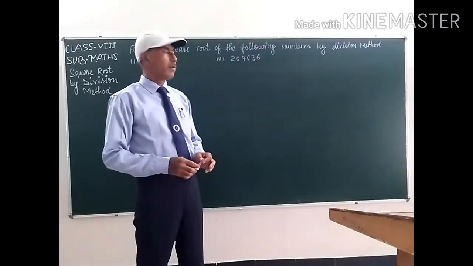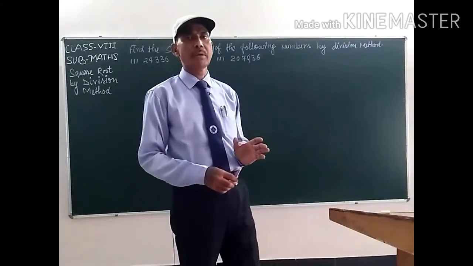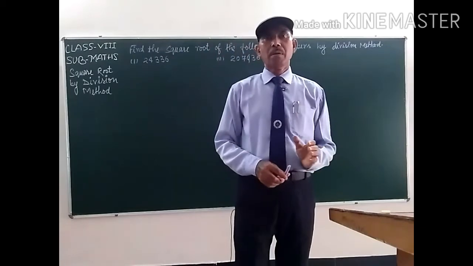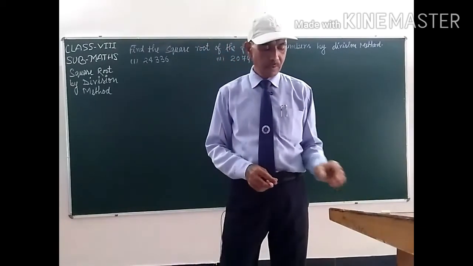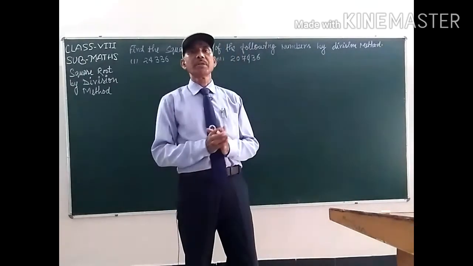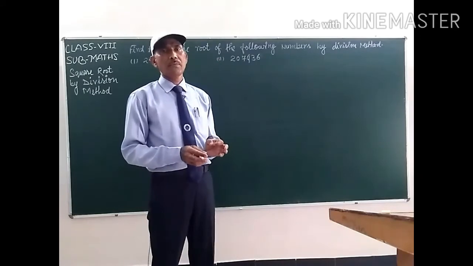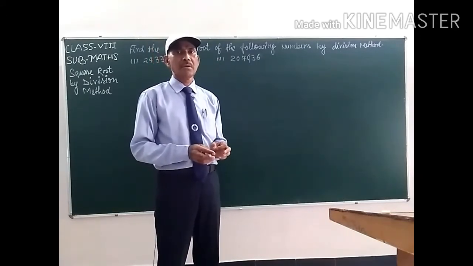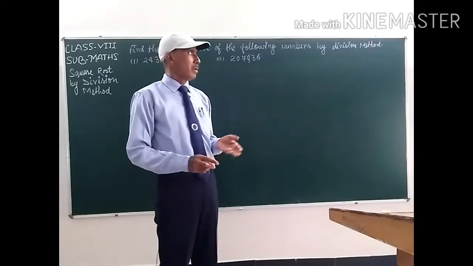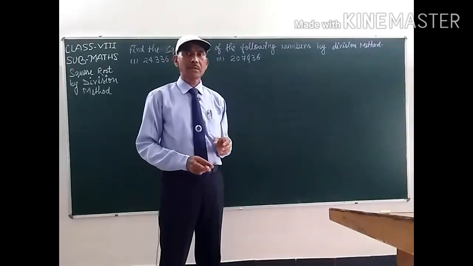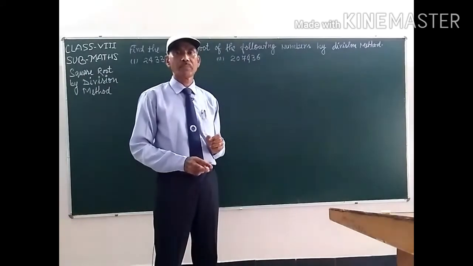Today we are going to find out the square root of any number by division method. Students, in your syllabus in chapter 6 only 4-digit numbers were given, and you have to find the square root of those numbers using division method.